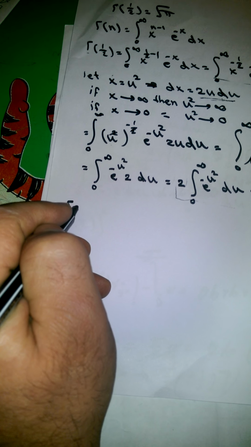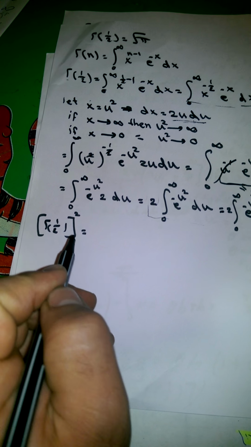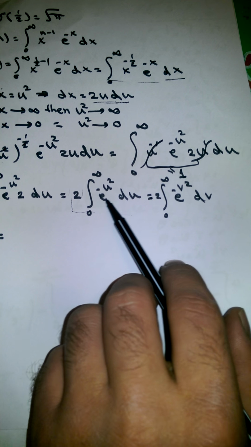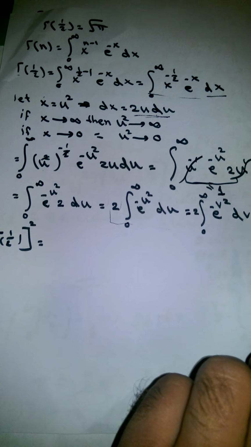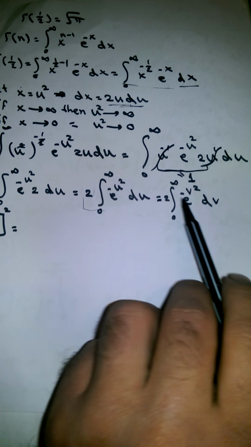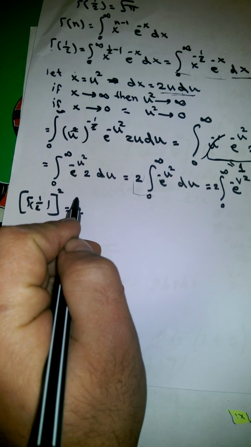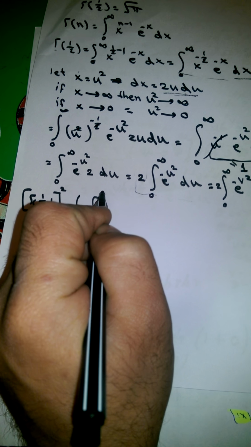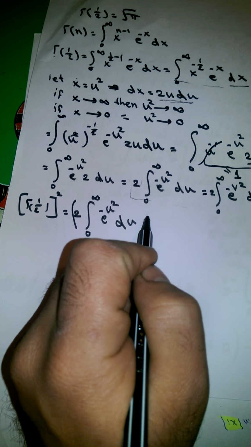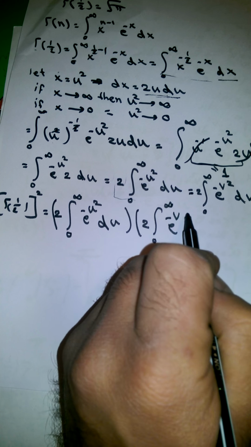Now the gamma of 1 over 2 all square is equal to this one square, and instead of this integral square, we can multiply these two integrals. We say 2 integral from 0 to infinity e to the power minus u square du multiplied by 2 integral from 0 to infinity e to the power minus v square dv.